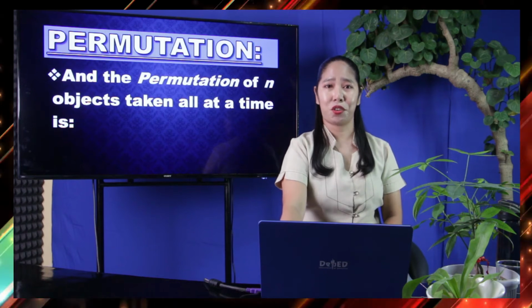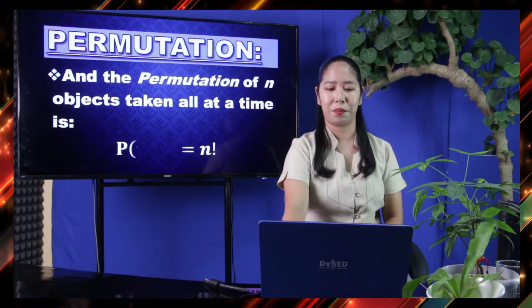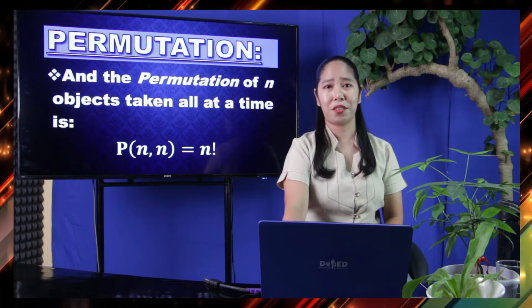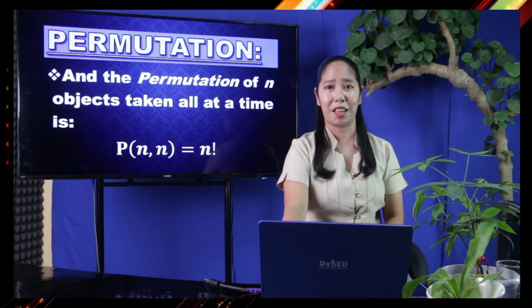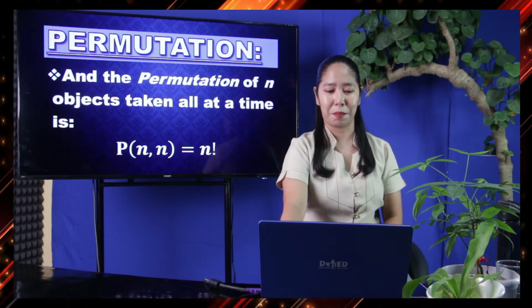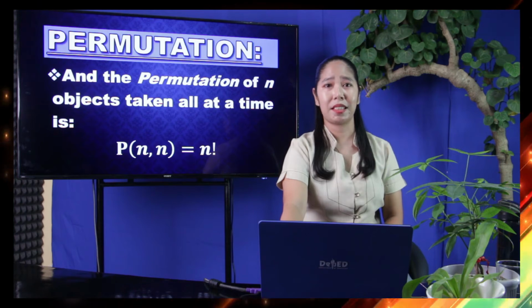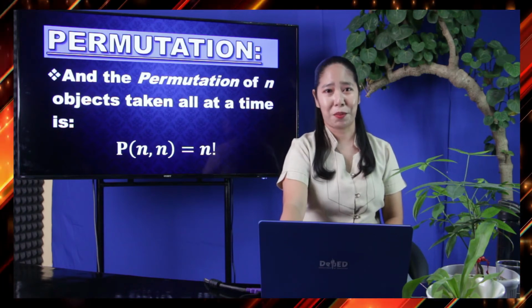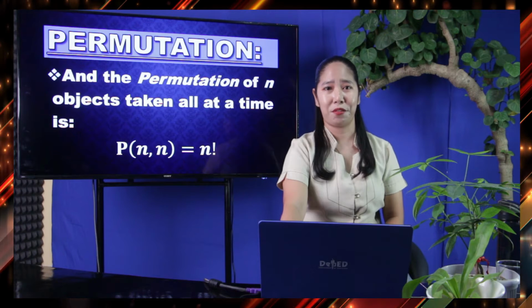And the permutation of n objects taken all at a time, we have permutations of n taken n, or taken all at a time, is equal to n factorial. In symbol, we have capital letter P, open parenthesis, small letter n, comma, small letter n, close parenthesis, equals n factorial.